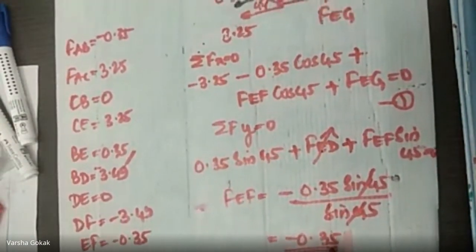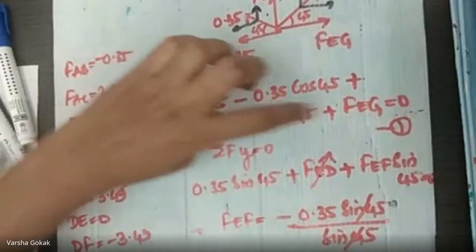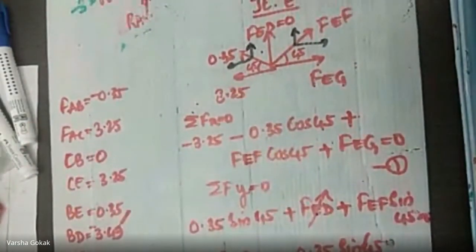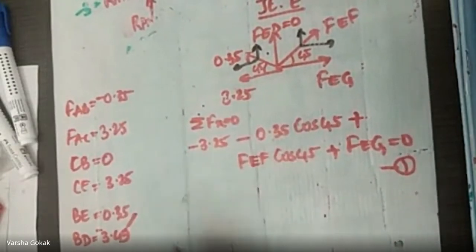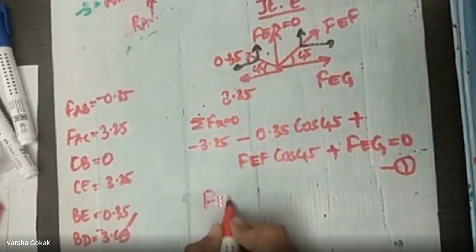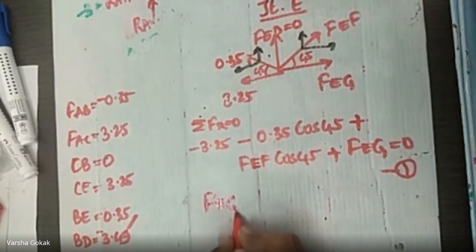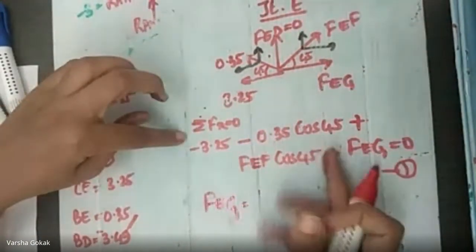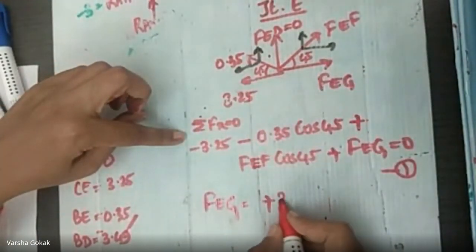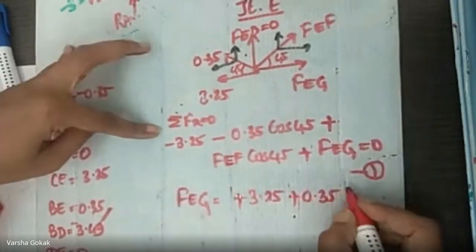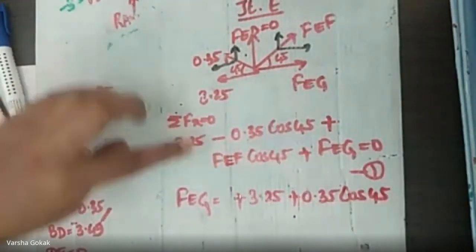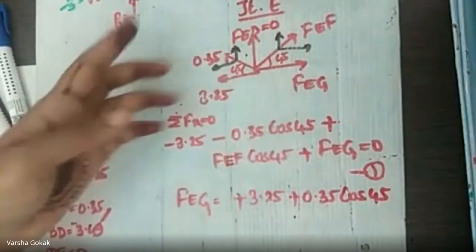This EF, I'll go and put it here. So I will get F_EG, right? By substituting that value, I will get the value of F_EG, which is going to be equal to, these all will go to the other side. So it is plus 3.25 plus 0.35 cos of 45. Why am I writing plus? Because these are going to the left hand side.